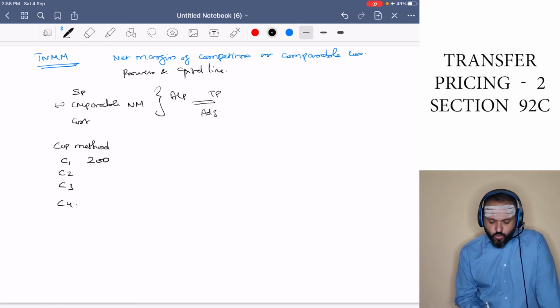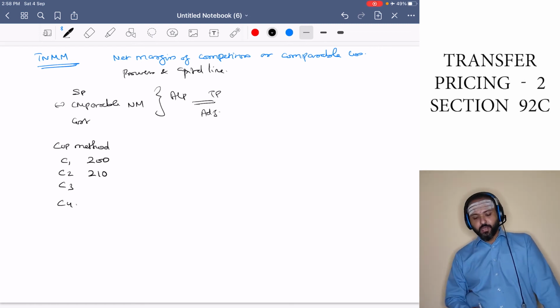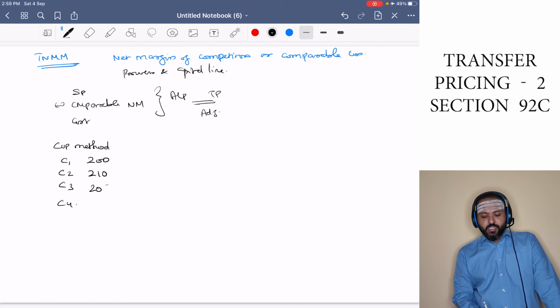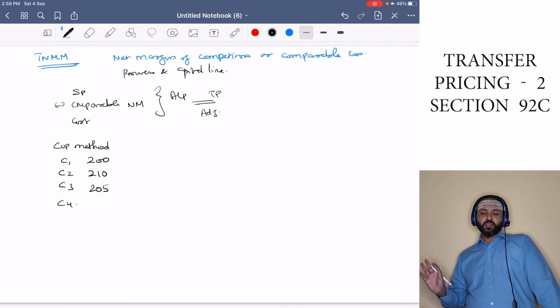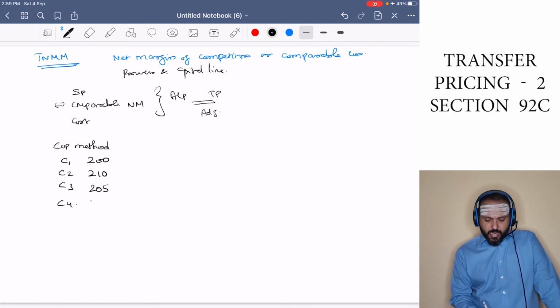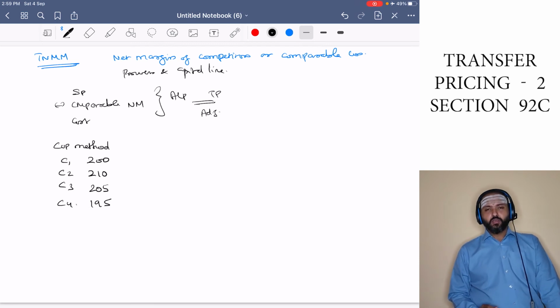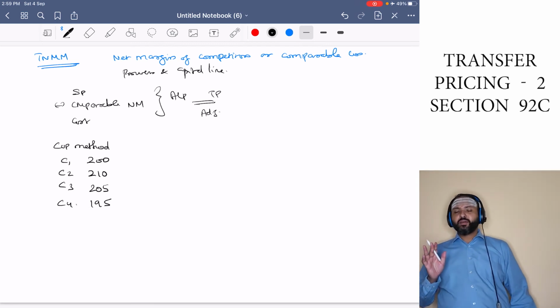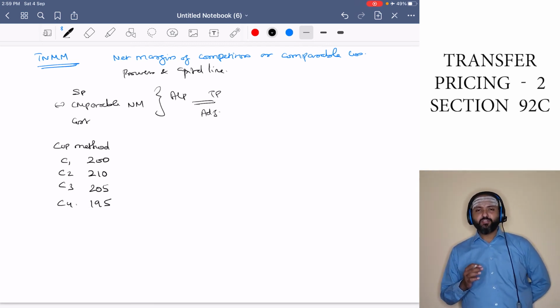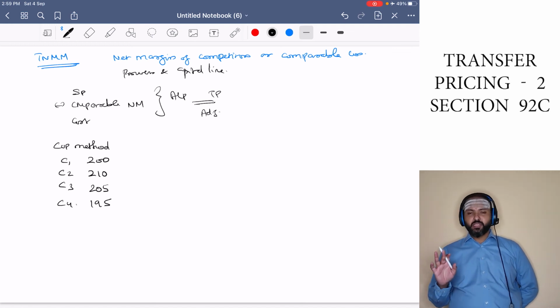For company 2, it is 210 rupees. For company 3, it is 205 rupees. For company 4, it is 195 rupees. These four companies are relevant to my company for the purpose of determination of arm's length.